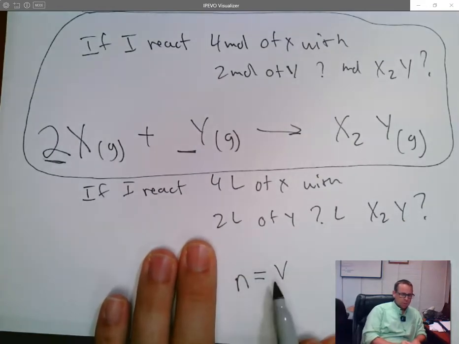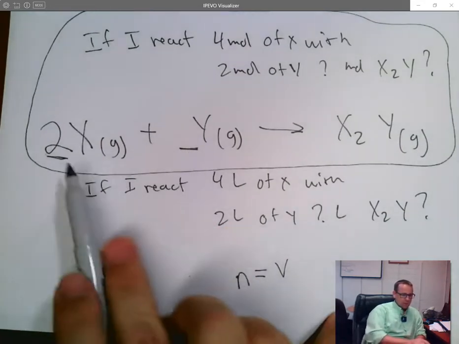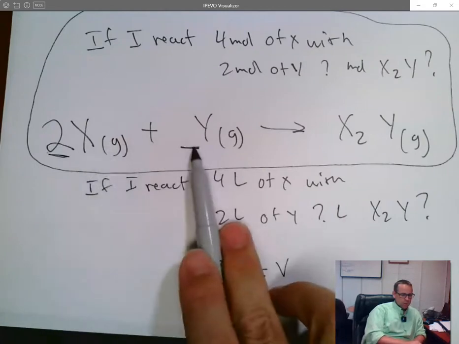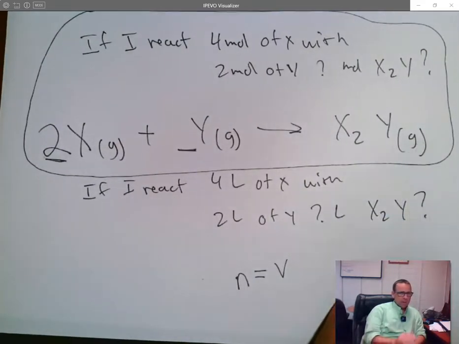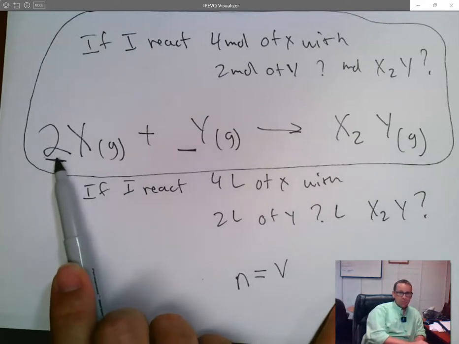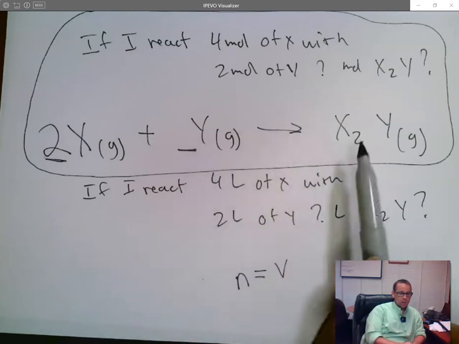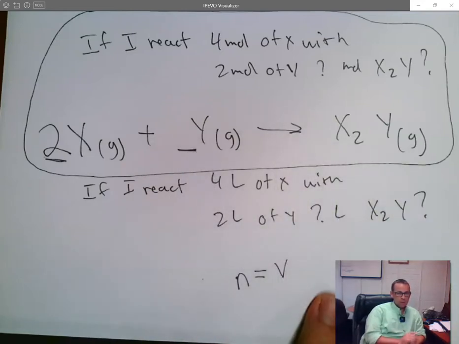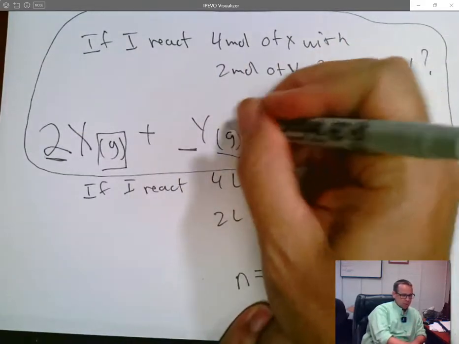As the moles increase, the volume will increase directly. So this statement here of this many moles of this material, 1 mole of that material, yielding 1 mole of this material, can also be stated in terms of volume. 2 volume units of X plus 1 volume unit of Y will yield 1 volume unit of this product here, only because they're in the gaseous state.